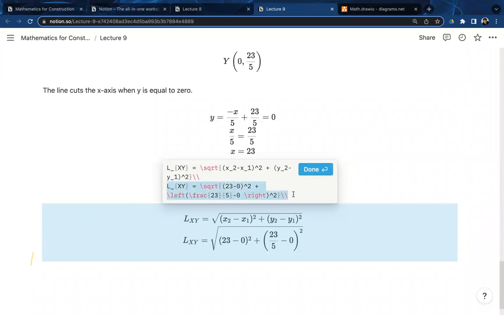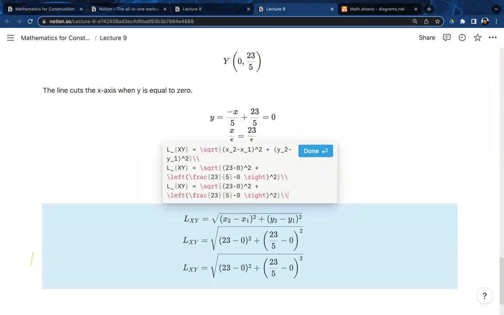I mean, you could work this out on your calculator and get a decimal, but you'll learn more if you just work it out using algebra, right?